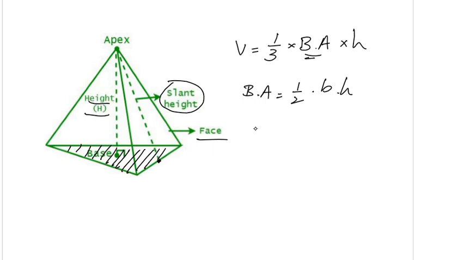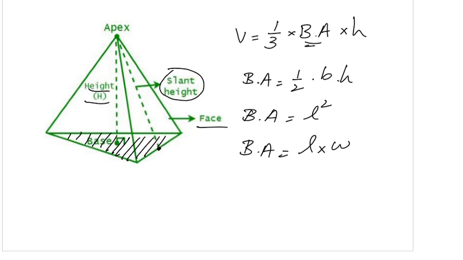And in case of a square pyramid, we have base area equal to L square. Similarly, base area can be equal to length multiplied by width whenever the base is a rectangle.